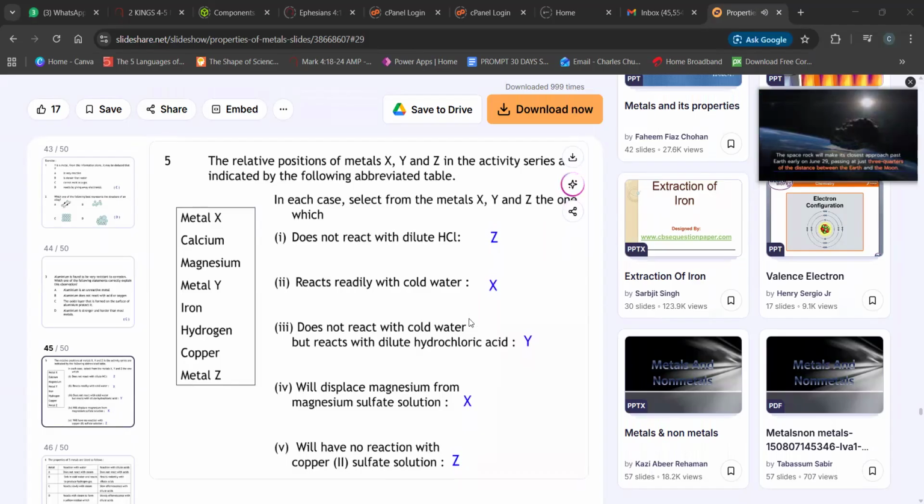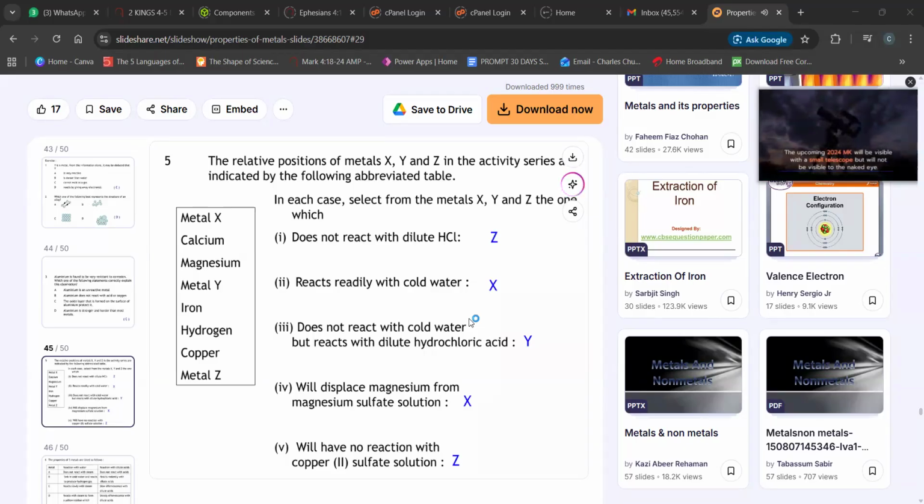Can you see this bit? Yeah. Okay. So the relative positions of metals X, Y, and Z in the activity series are indicated by the following abbreviated table. In each case, select from the metals X, Y, and Z the ones which do not react with HCl, react readily with cold water, and do not react with cold water.